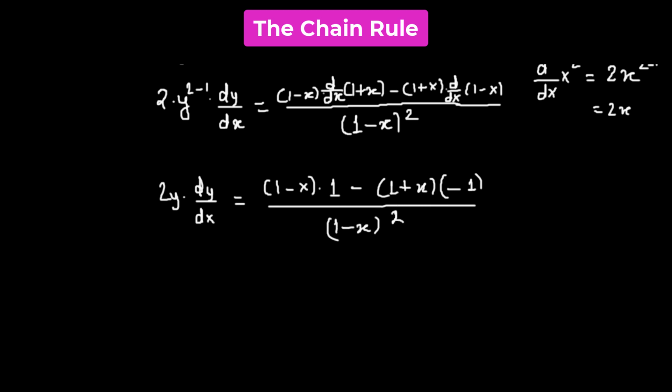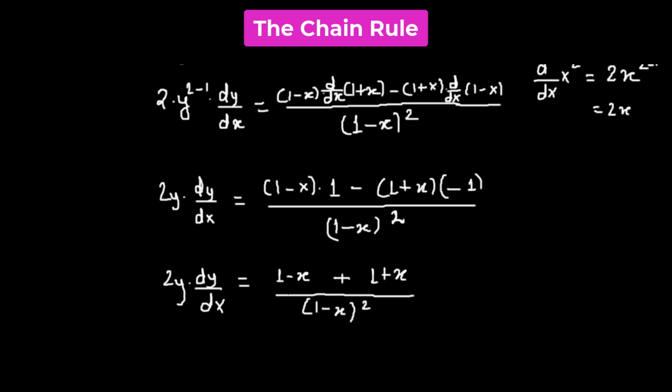So the negative and the negative will get multiplied to become 1 minus x plus 1 plus x divided by 1 minus x whole square, and we have 2y times dy over dx on the left hand side. So negative x and positive x get cancelled, which leaves us with 2 over 1 minus x whole square.